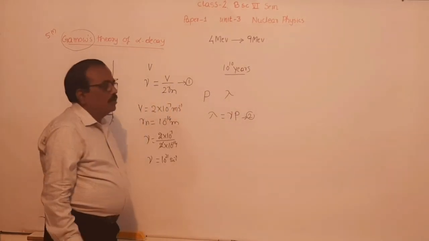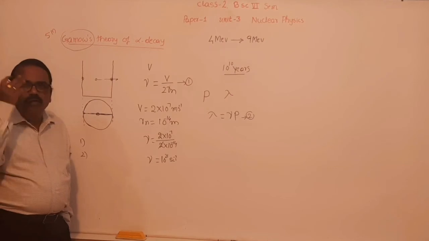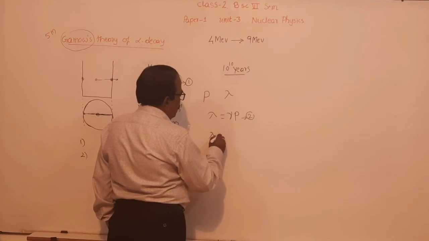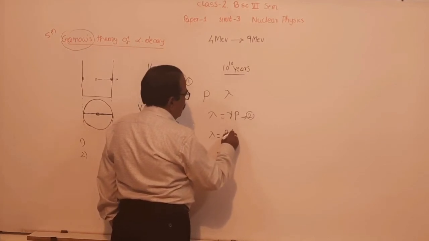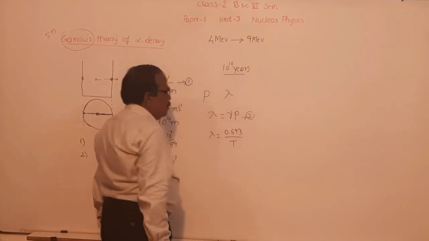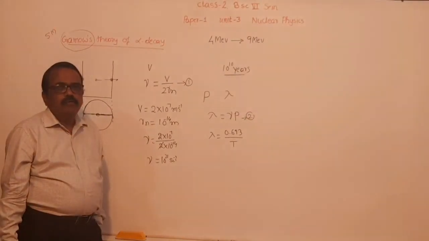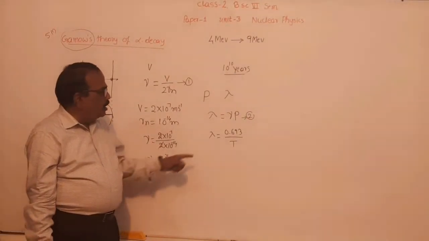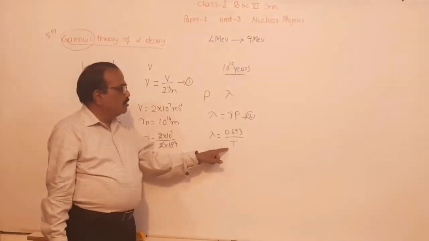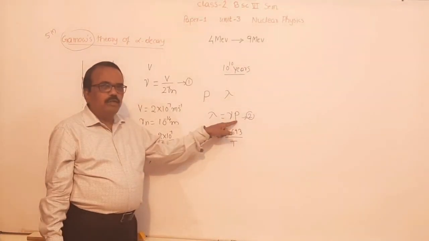This lambda is the decay constant per unit time, which we have heard of in radioactivity. The decay constant is given by lambda is equal to 0.693 divided by T. What is this T? T is the half-life of this radioactive element. That means if lambda varies, T varies.